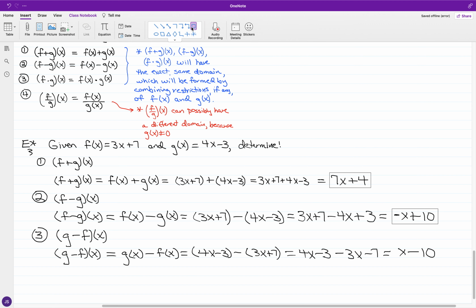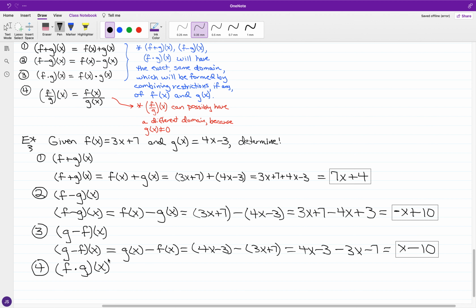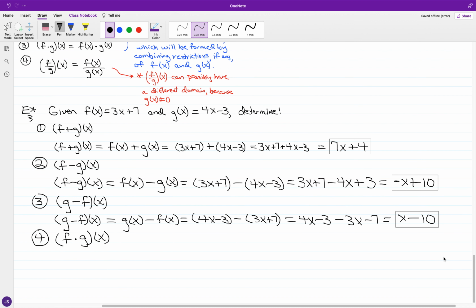Now if we're looking for the resulting product function for f times g of x, we'll have f of x times g of x.